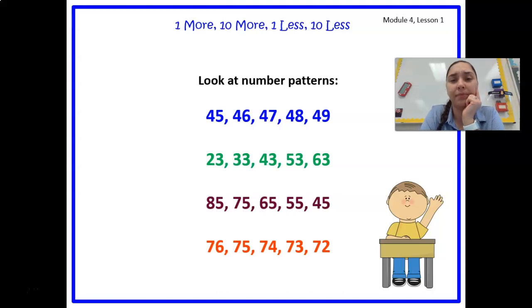Think about it. Yes, the pattern is 1 less. Then how did you notice it was 1 less? The tens place didn't change. It's still a 7. The only thing that changed was the ones place, and it was by 1 less. Great thinking, boys and girls.